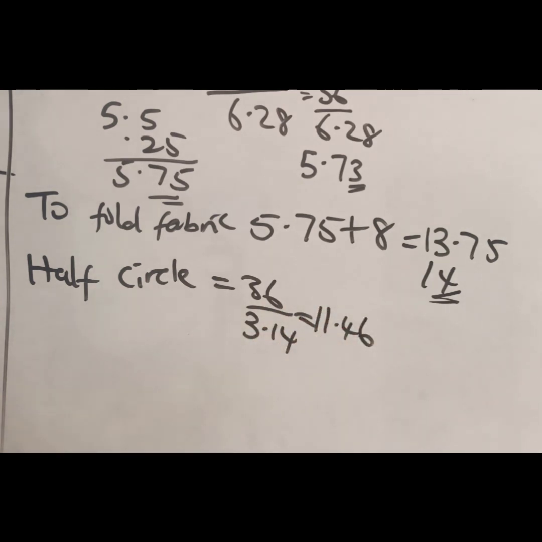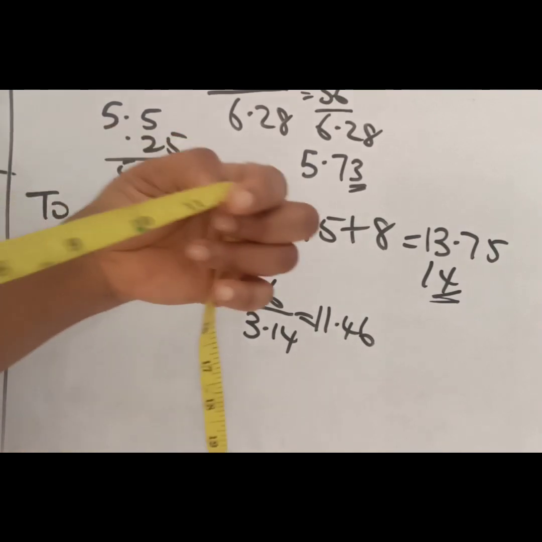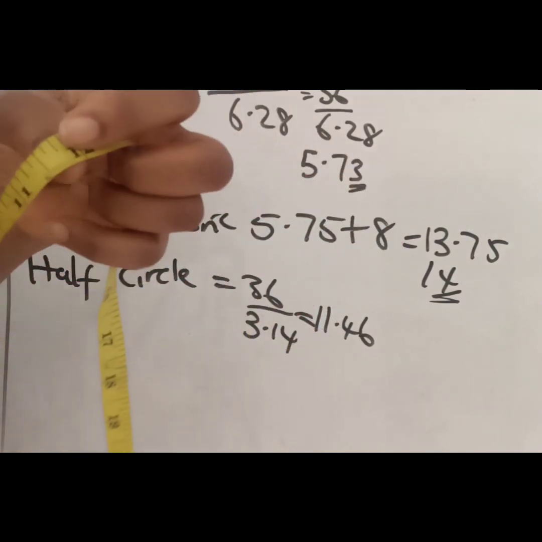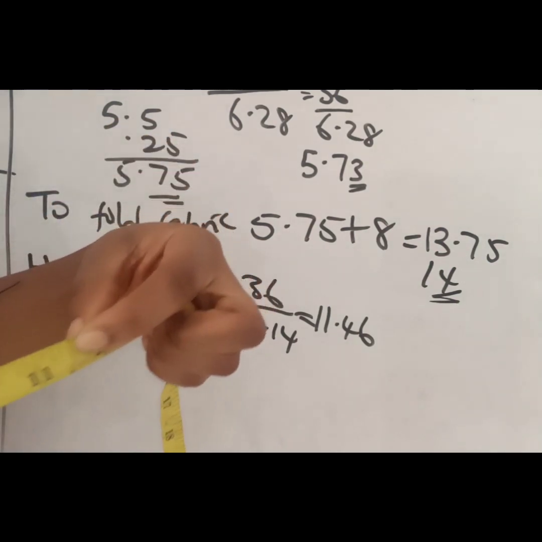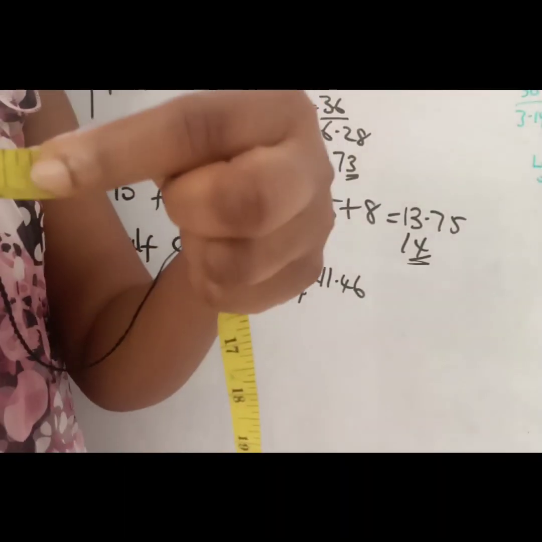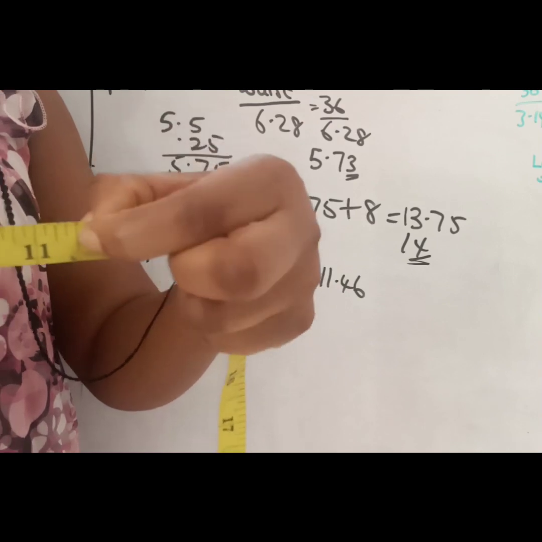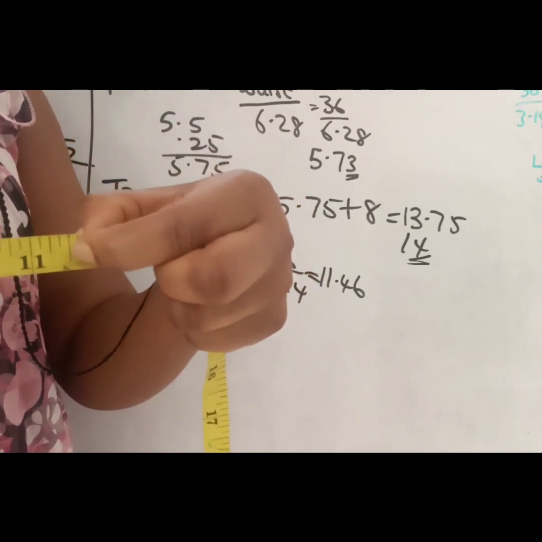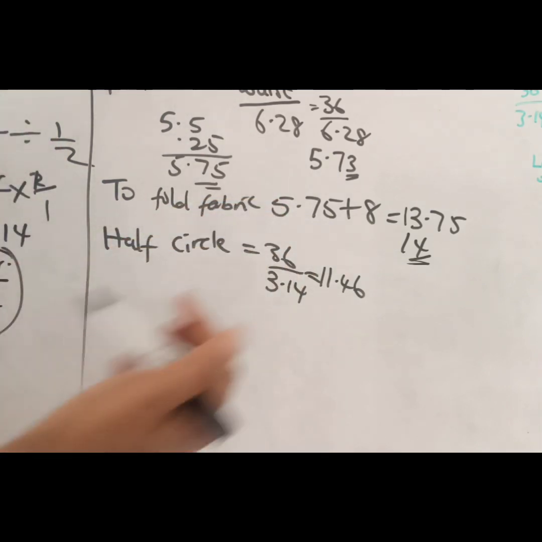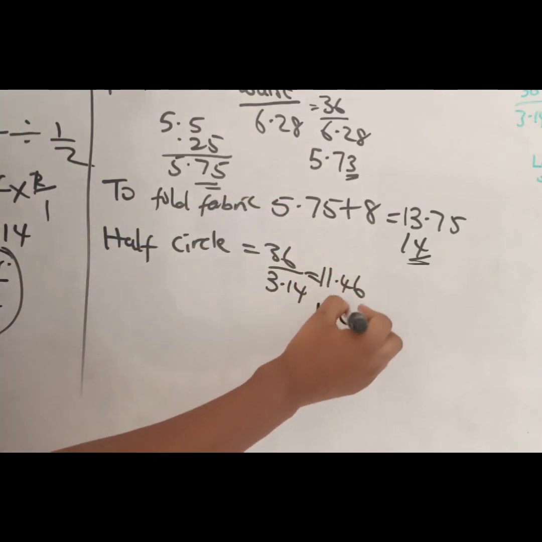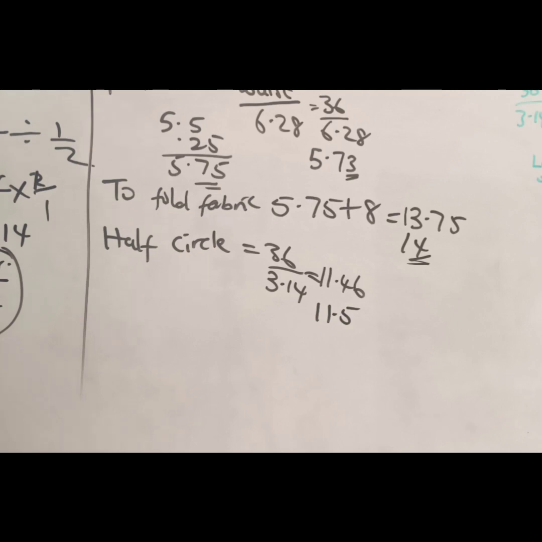The closest to that, if you are going to read it on the tape, this is 11, and the closest will be 11.5, which is 11 and a half.